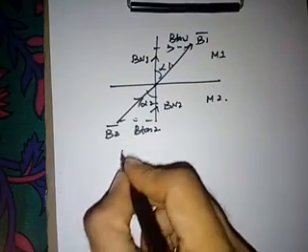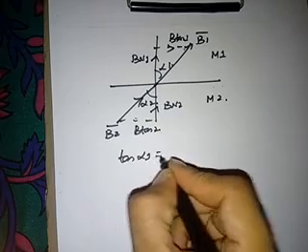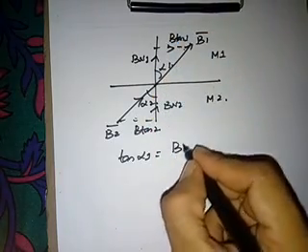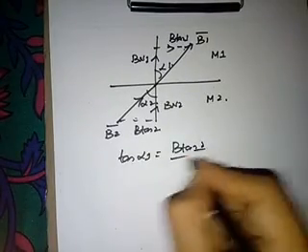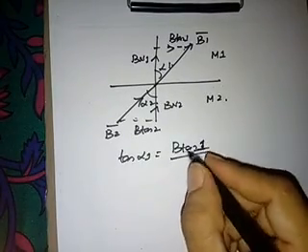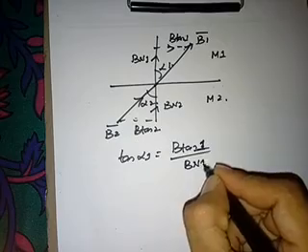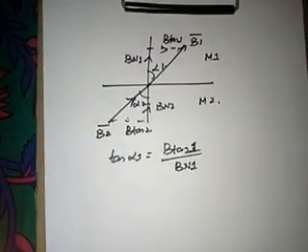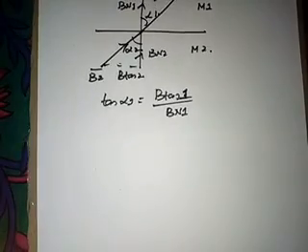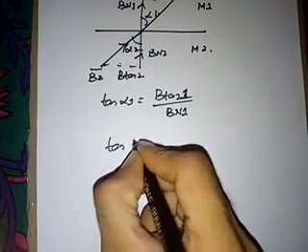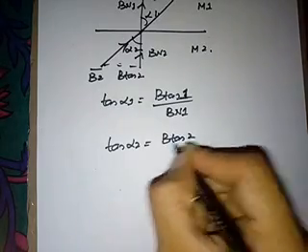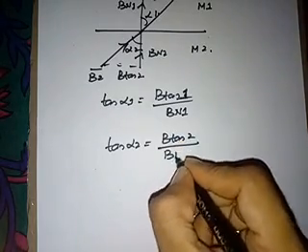Now I can write tan alpha 1 is equal to opposite side by adjacent side, that is B tan 1 divided by Bn1. Similarly tan alpha 2 is equal to B tan 2 divided by Bn2.